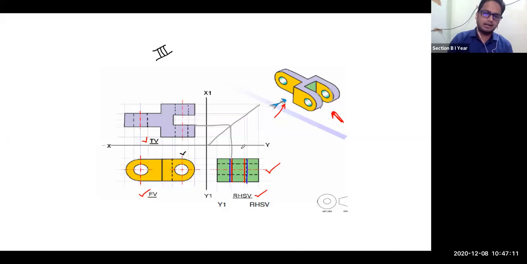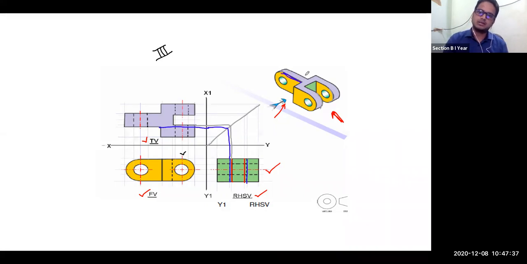For that, again, I'm extending with blue color only. Don't mind it, because I have to use gray color for projection lines. So I'm extending this blue line to see where it is going. It is going in this direction, and it is going up to here. So it is representing nothing but this line in your isometric view.